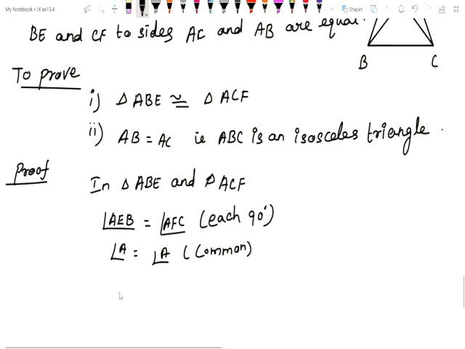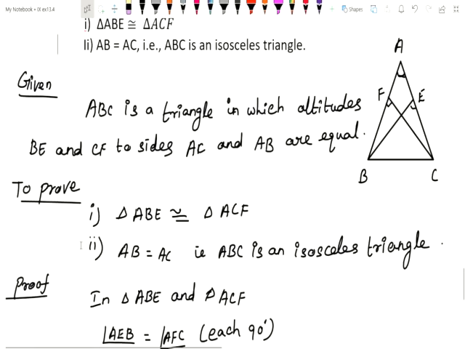So, BE equal to CF is given in the question. Okay, look at the diagram here. What are the things we said? Angle, and BE equal to CF, these two are equal. Then we say angle AEB and angle AFC.